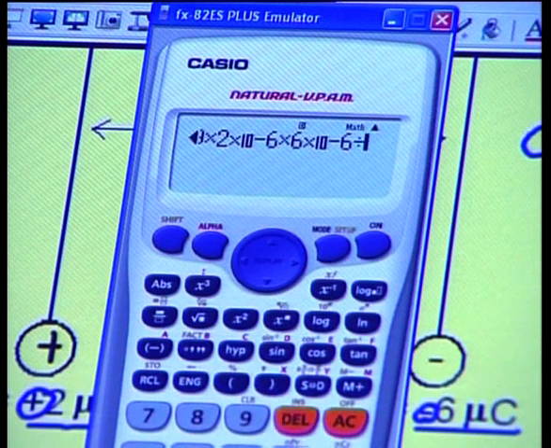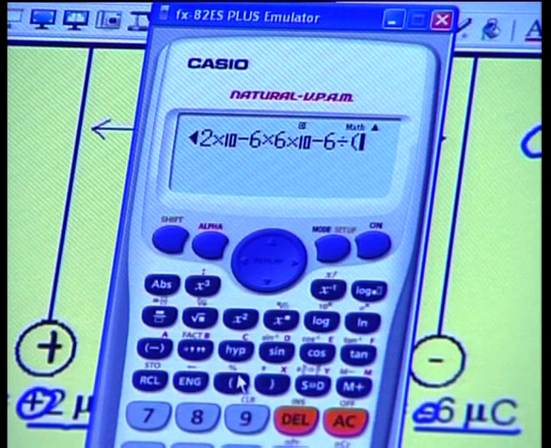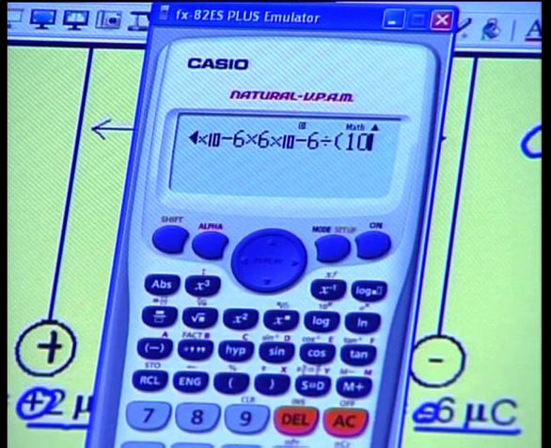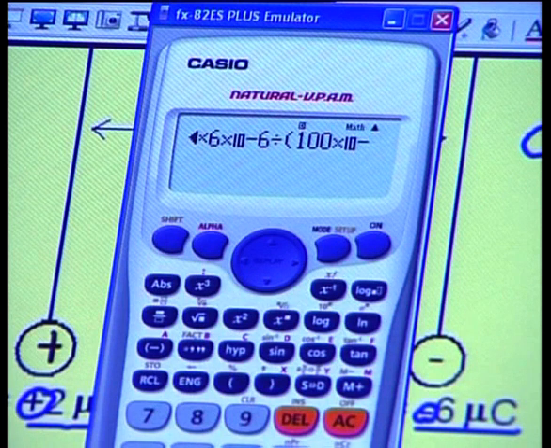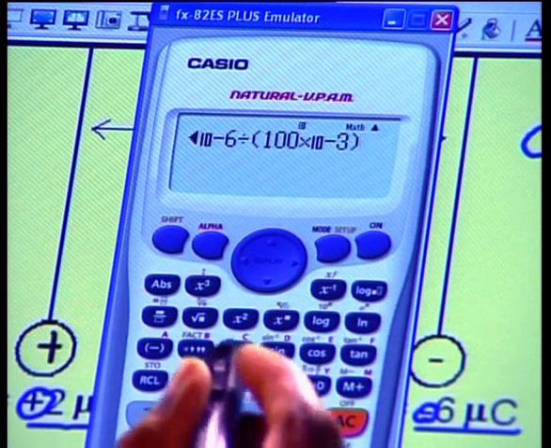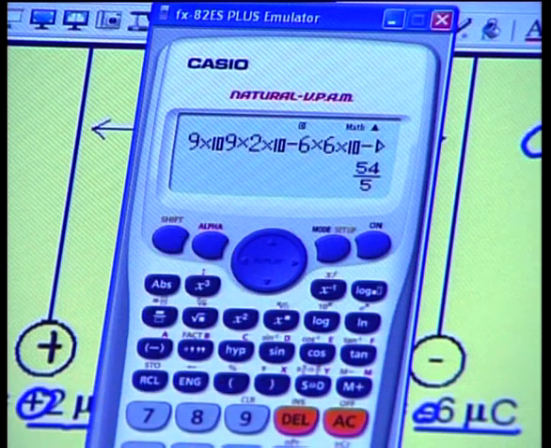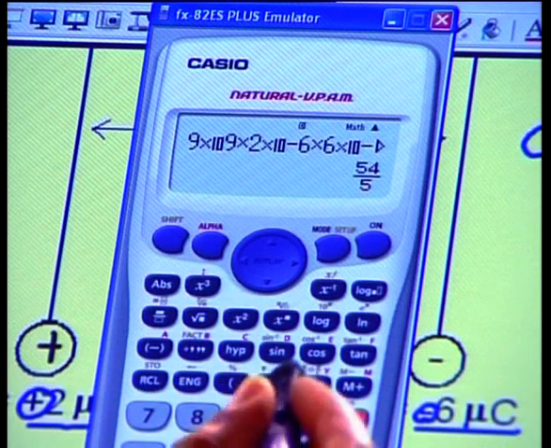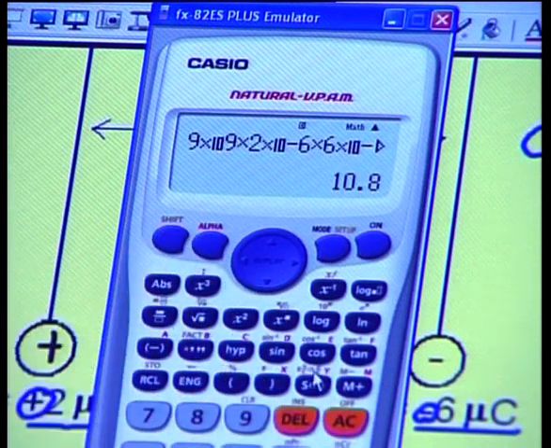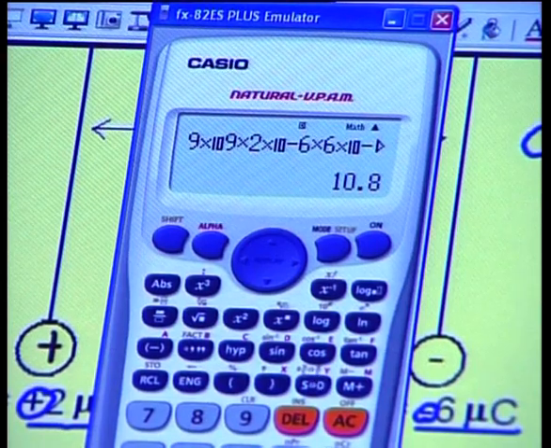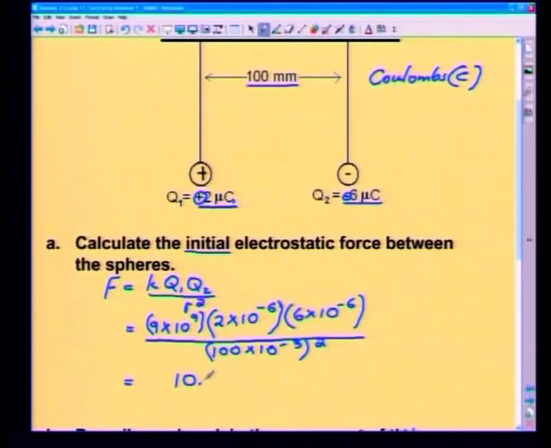All this is divided by, I need a bracket because I'm going to square 100 by 10 to the power -3, squared. And now let's get to the answer. And the answer that I'm getting is 10.8 newtons. Now, I'm putting newtons because this is a force, and that is the unit for a force.